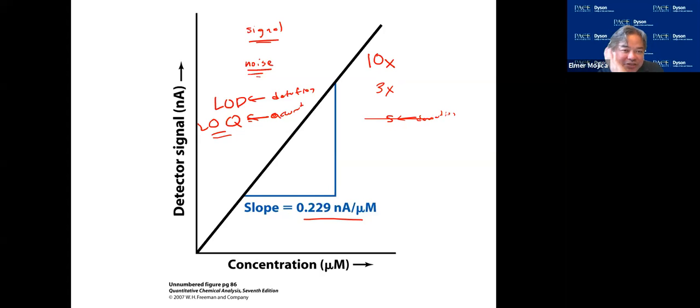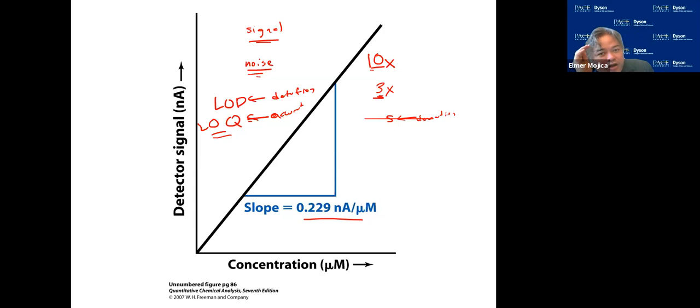How do you distinguish the signal that comes from the sample from just noise? You put some sort of a number to multiply. So if the signal is 3 times the noise, you have the LOD. If it's 10 times, you have the LOQ.